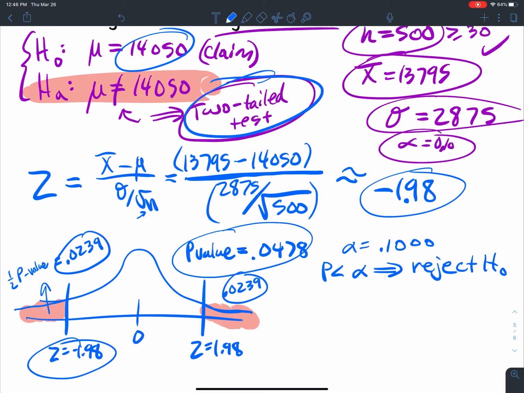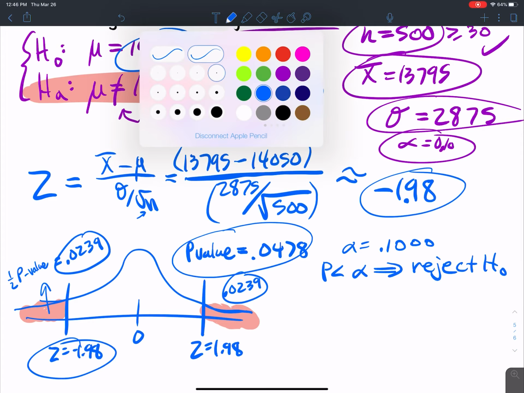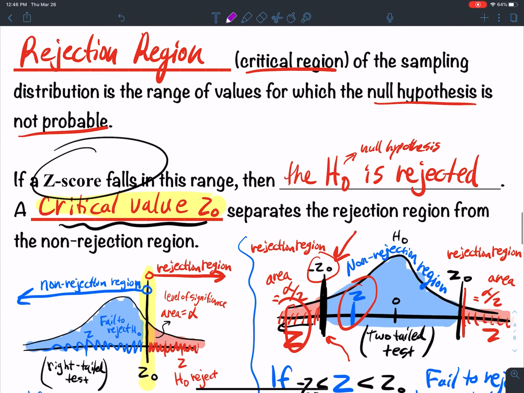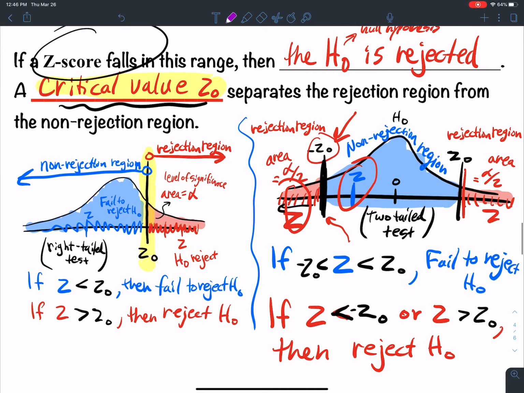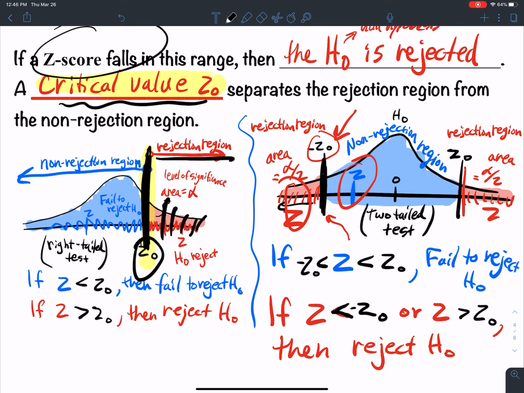I want to show you how to use rejection regions, because the last thing we talked about in the lesson were the rejection regions here. Okay? So with the rejection region, instead of looking at the p-value, we're given some critical z-score. And what we're saying is if I fall in an area that is more extreme than that critical value, then I'm in the rejection region.